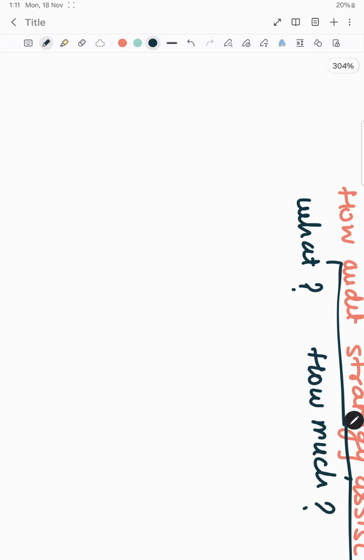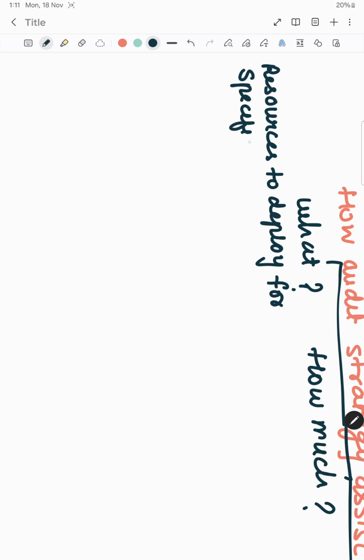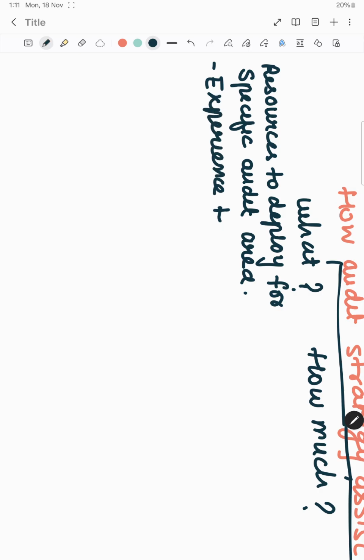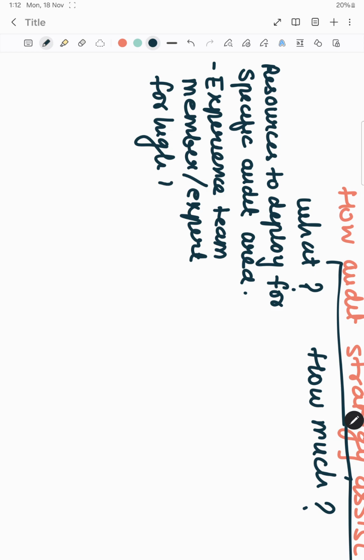The first is what resources to deploy for specific audit area, and what experienced team member or an expert for high risk area.